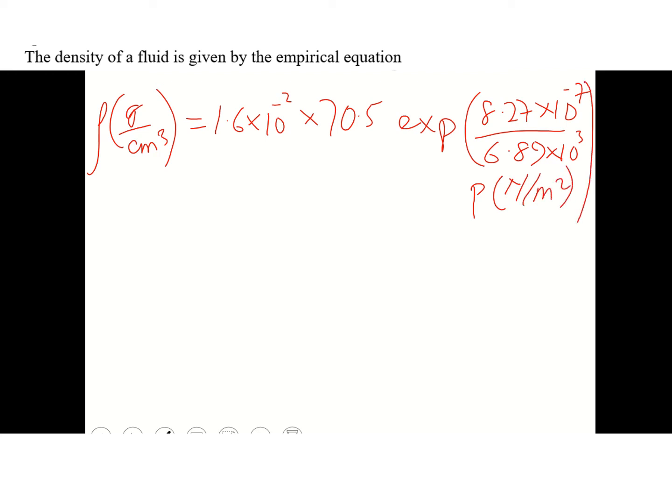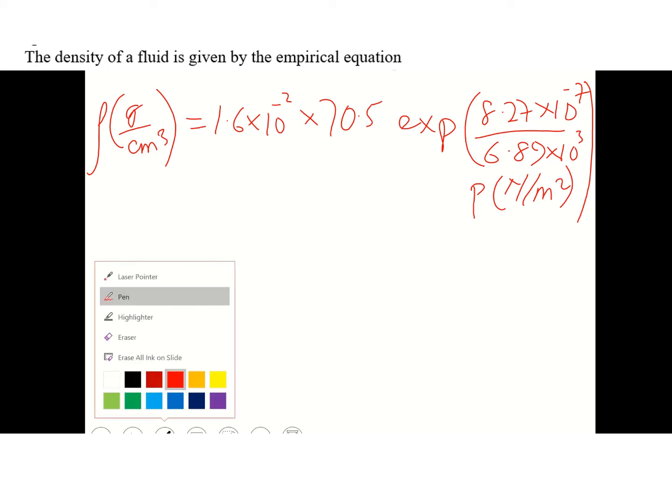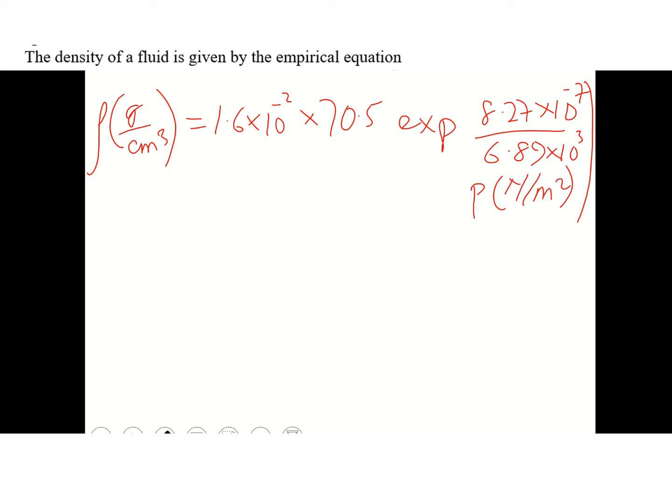So all these are within the exponential.